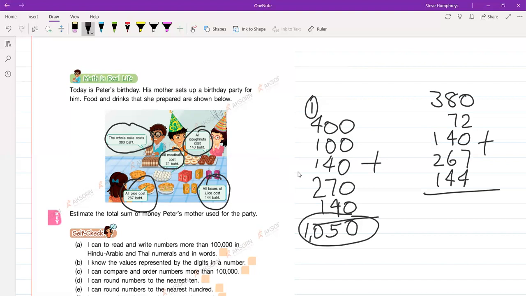2 plus 7 is 9, plus 4 is 13. 3 down. Carry 1. 1, 9, 16, 20, 26, 30. 3, 6, 7, 9, 10.